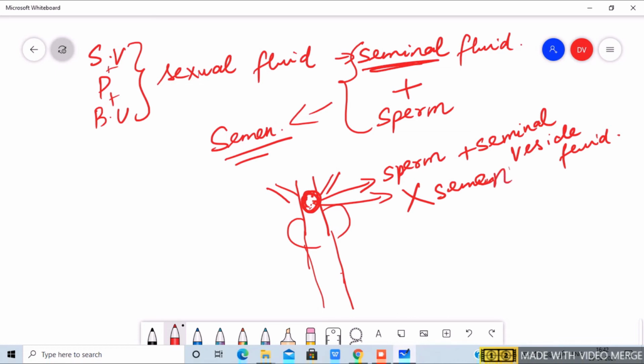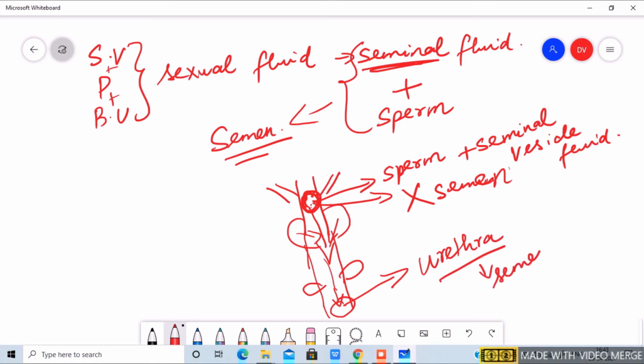Alright. So this mixture of sperm with seminal vesicle fluid, as it comes down, the prostate will release its fluid. As it comes down, the bulbourethral gland will give its fluid. And finally, the penile urethra is what is having the semen. But you should not say that the ejaculatory duct has semen.